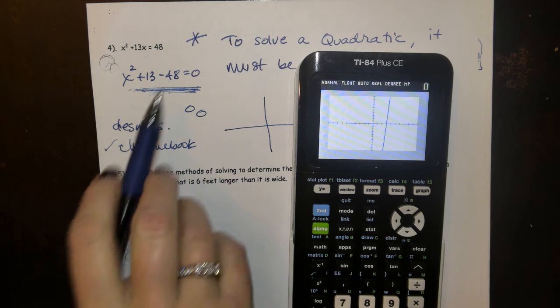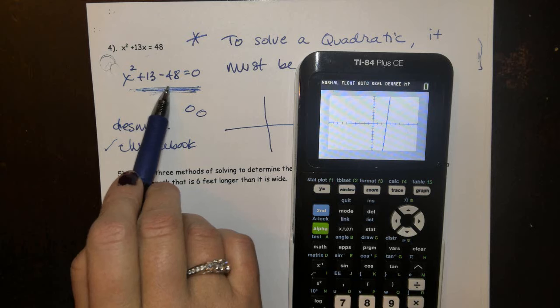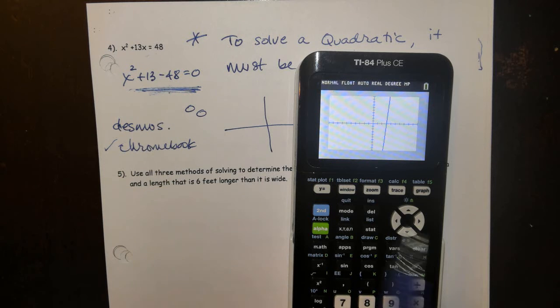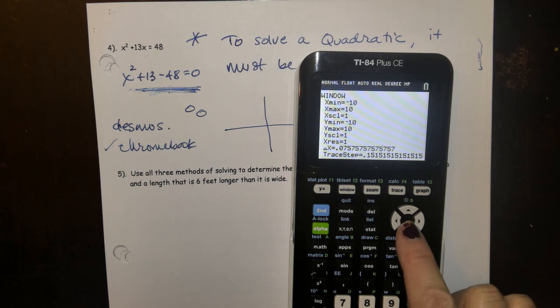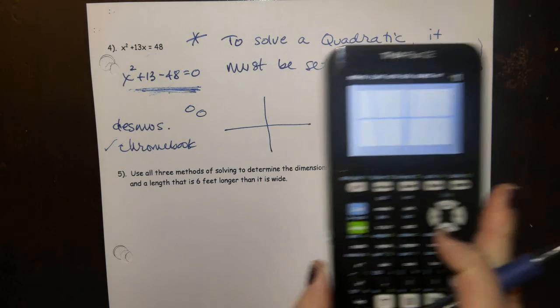Typically that y-intercept is going to be a giveaway. So the y-intercept is negative 48. So I'm going to change my window to like negative 25, 25 on the x-axis, and then negative 50 and 50 on the y-axis. So we're starting to see the parabola a little bit better.